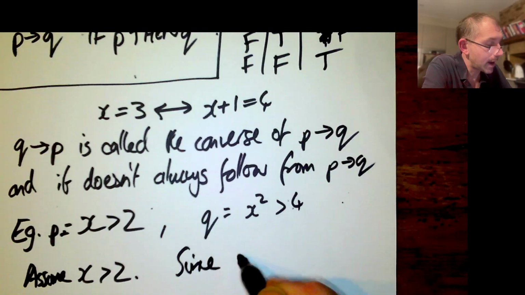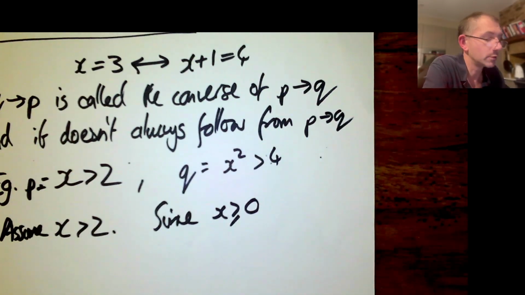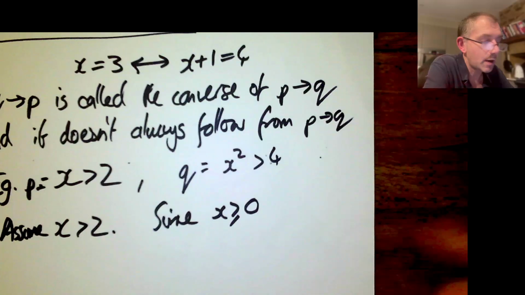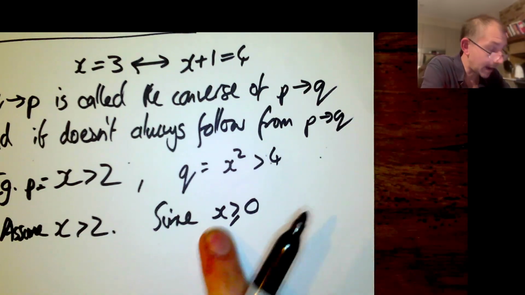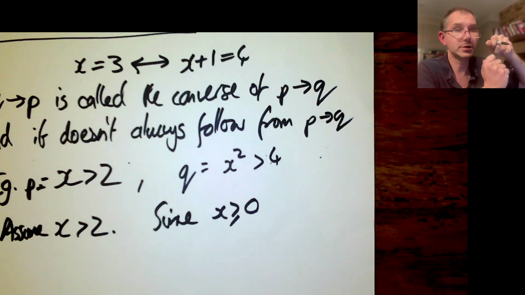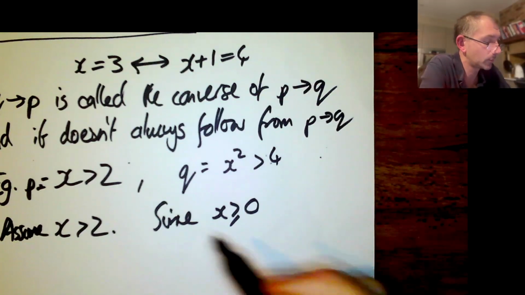Since x is bigger than 0, bigger than or equal to 0 even, which is a trivial consequence of this, then I can multiply both sides of the inequality by this number x, and it will stay true. So if you have one number that's bigger than another one, and then you just scale the whole thing, or shrink it, it will still stay in its relative position.